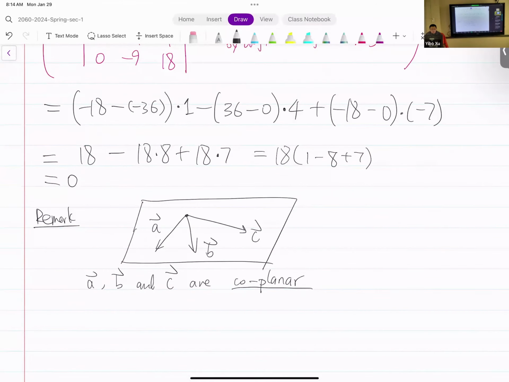So I think we also mentioned that for whatever vector within the plane, it can always be represented by just 2 non-parallel vectors within the same plane, right? So in this case, A can be determined by a combination of B and C.